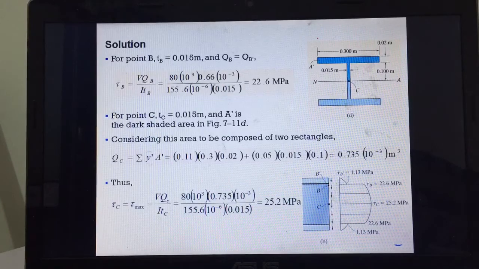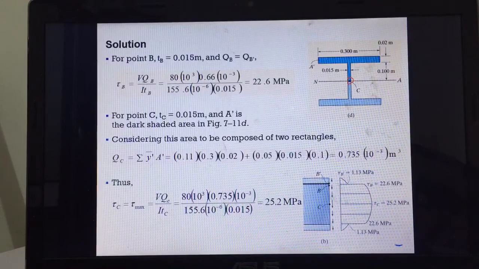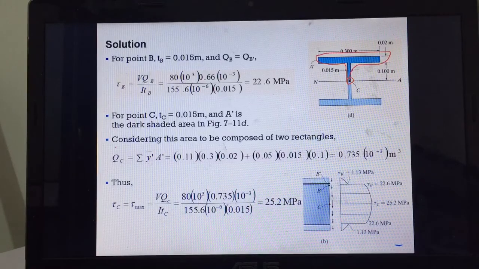Of course the maximum will occur at C. If you use C, you will definitely get the maximum, and you can take the top area or the bottom area to find the Q. Then you can plot it and see the same shape as we have seen before, especially at this junction, where suddenly you have a sudden change, right?